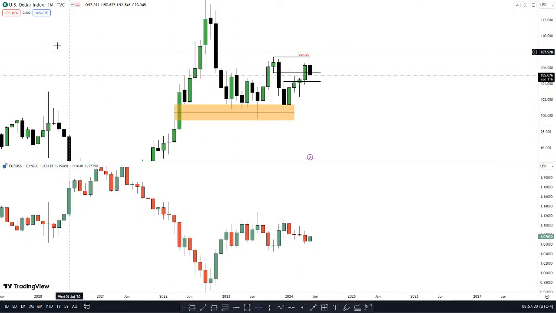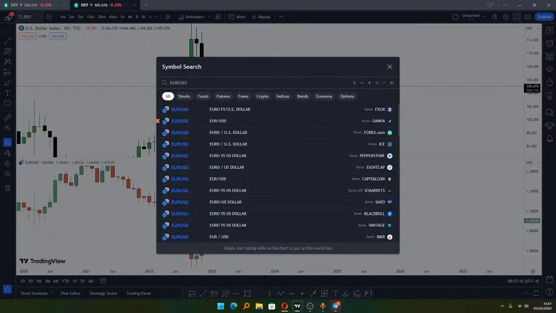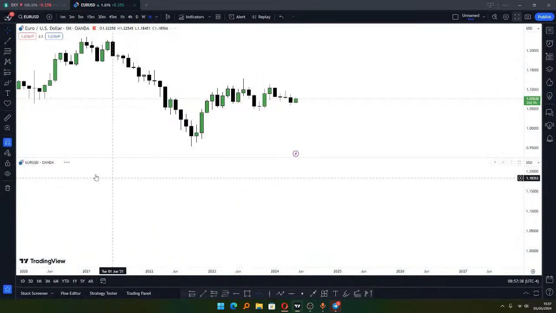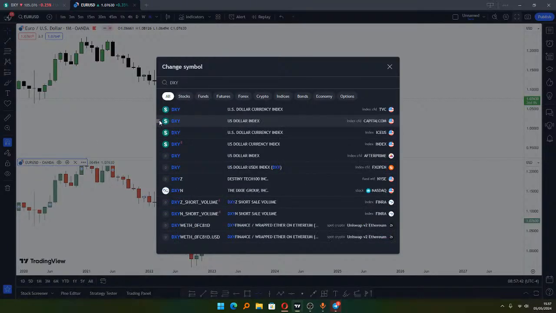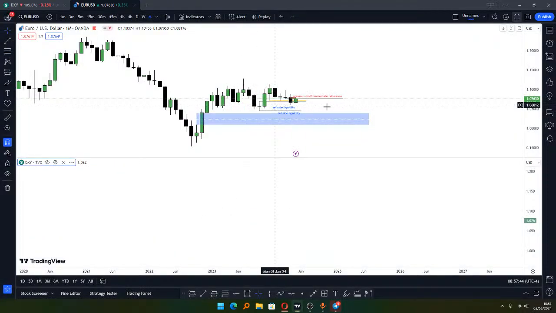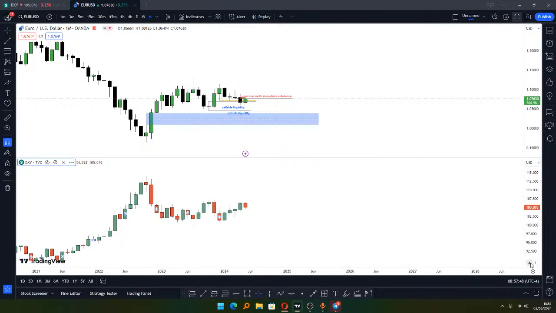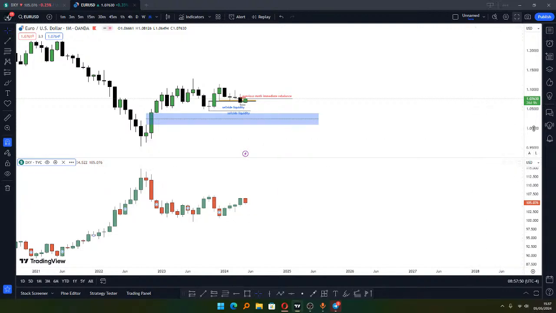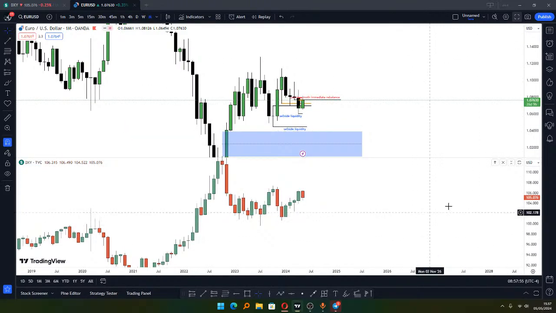Let me just switch up these charts a bit. Let me switch this one to DXY since I'm looking at Euro USD. Okay, so here we go.